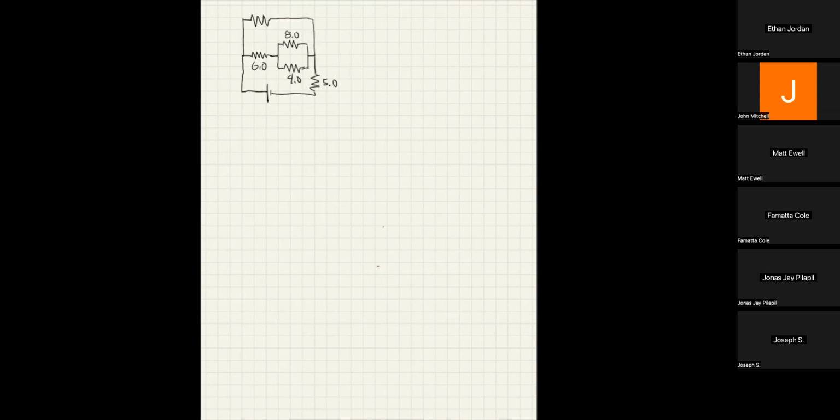And that resistor up there is 10.0 ohms. The battery is 9.0 volts. What I want is all currents and voltages equals question mark.